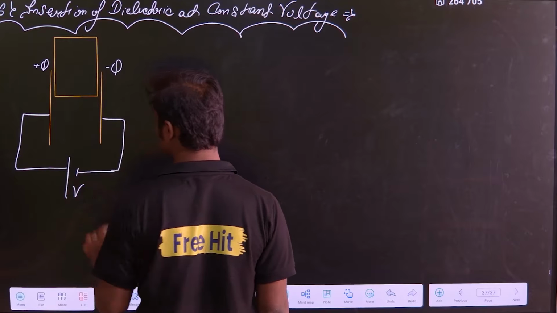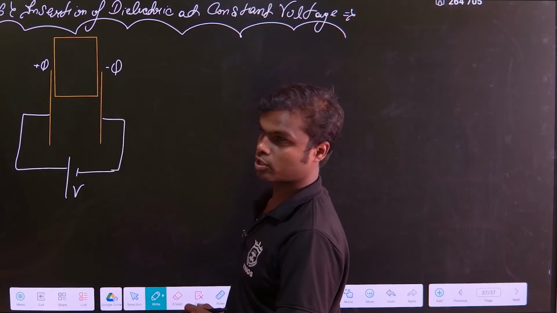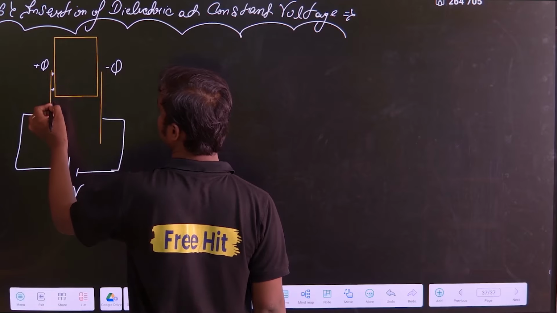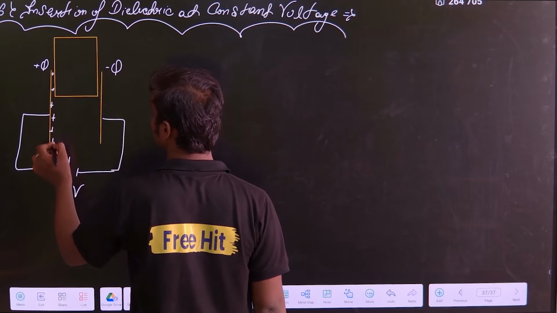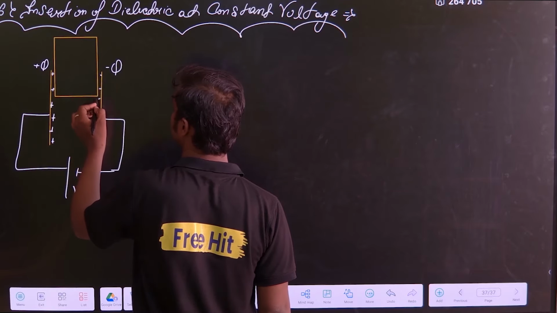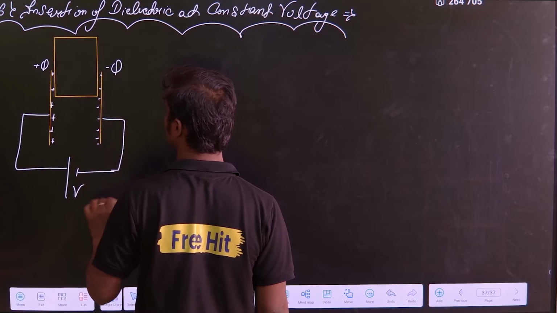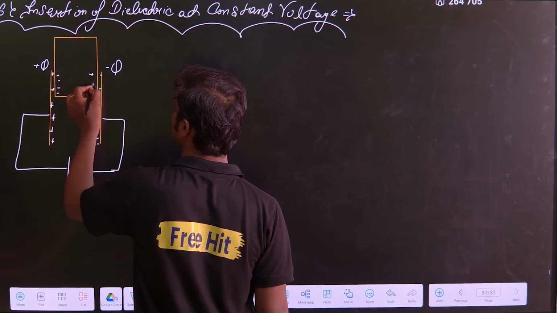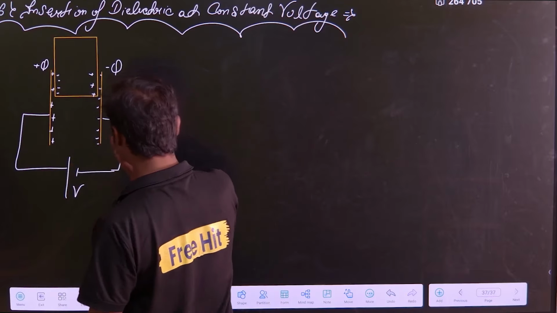That is the only way we can keep the potential constant. So obviously, this surface will have a plus charge. Here, this surface will have a minus charge. There will be minus charge on this surface. There will be plus charge on this surface.